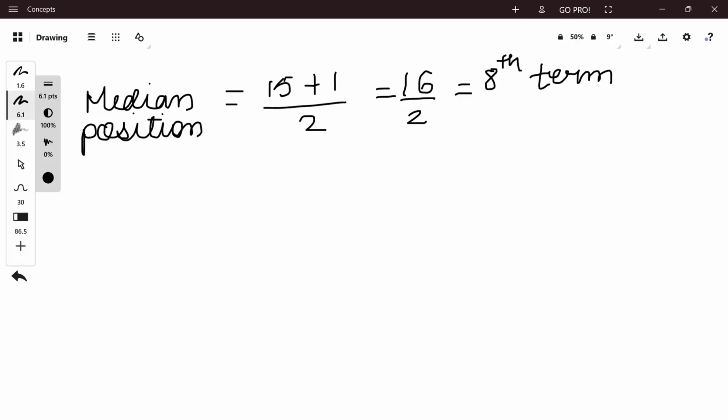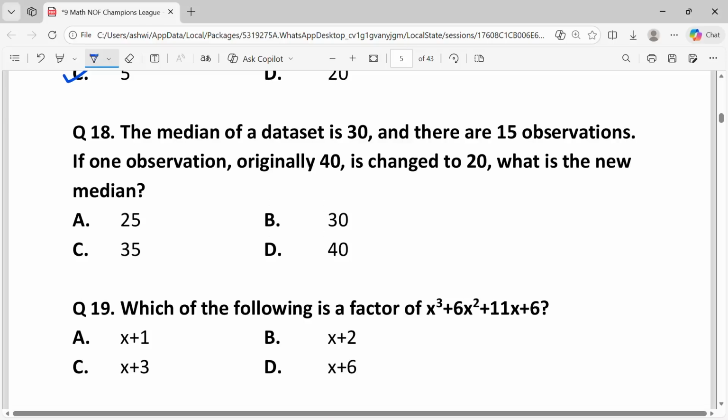The original value 40 was above the median 30. The new value 20 is below the median 30. So the values around the 8th position have not been changed. The 8th value itself remains unchanged. Therefore, the median remains the same. That is option B, 30.